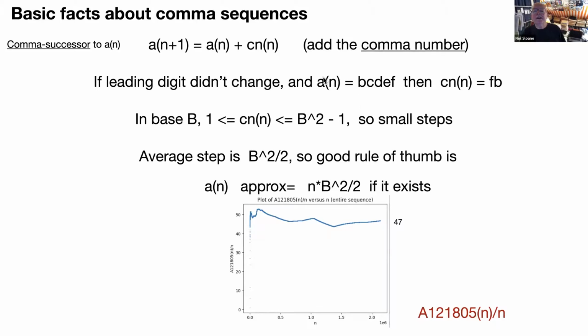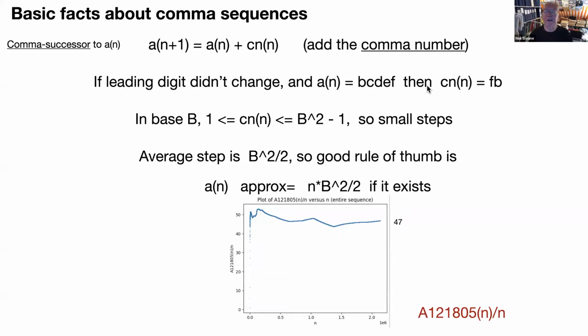Because suppose we're at a of n, which has decimal expansion b, c, d, e, f, say, then the comma number begins with the last digit f, and the next term, if it has the same leading digit b, then the comma number is fb, 10 times f plus b. And so we know explicitly what the comma number is if the leading digit hasn't changed.